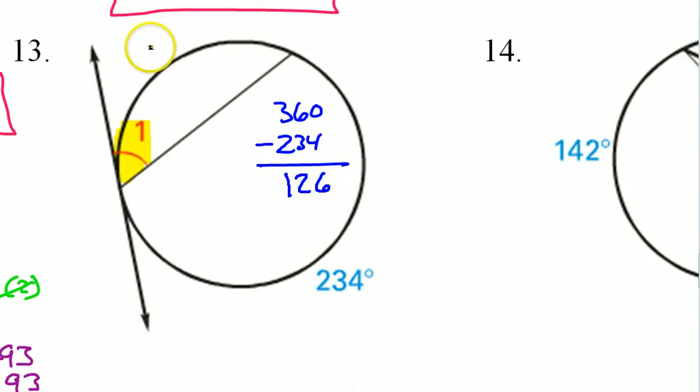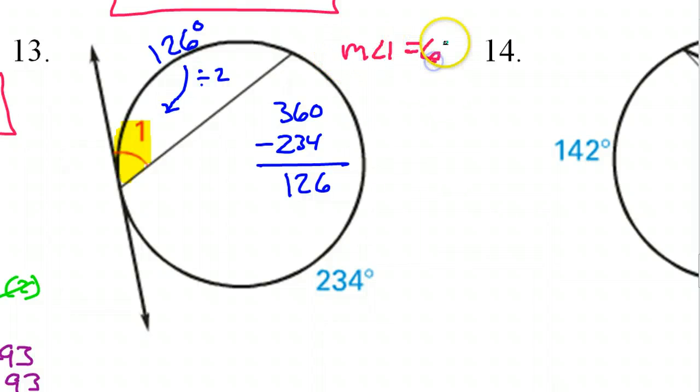So that tells us that this arc over here is 126. If I take that and divide by 2, that'll give me the angle. So that's going to be 63. So the measure of angle 1 is 63 degrees.